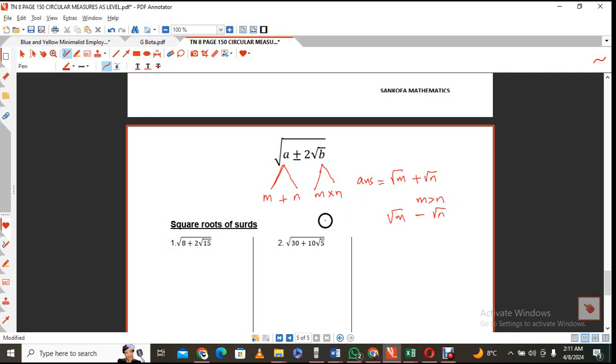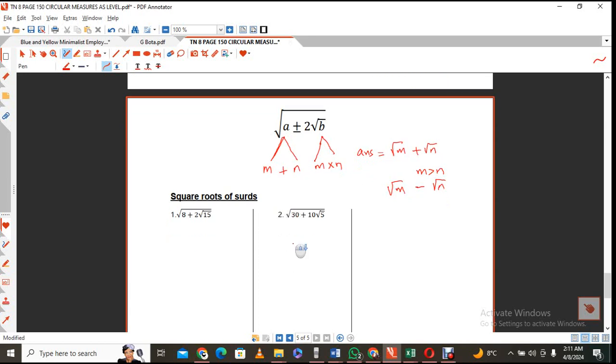Of course, let's look at 3 scenarios so you can see. So we are looking for 2 numbers that, added together, give you 8, and when multiplied together, give you 15. So that is 5 times 3 and 5 plus 3. So the answer to this question is the square root of 5 plus the square root of 3.